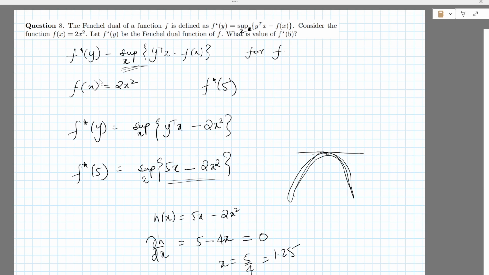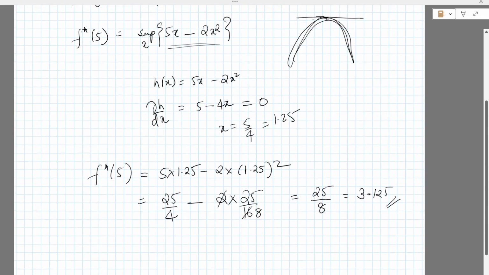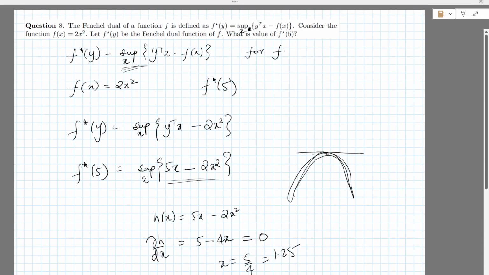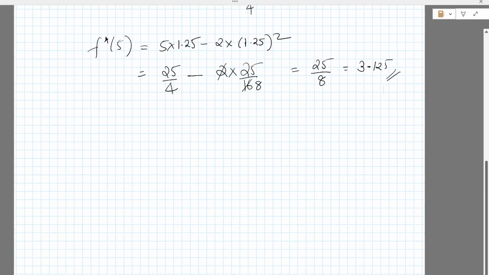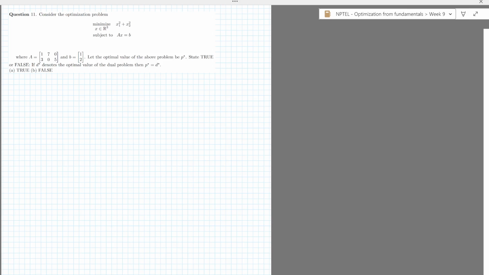Okay, and it is linear in y in some sense, the inner term. Fenchel dual F star is always convex.